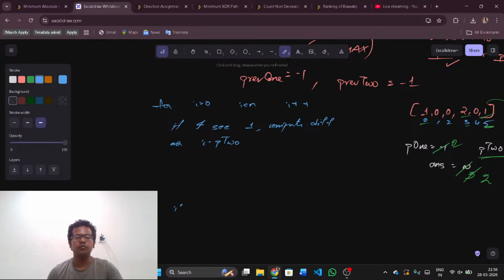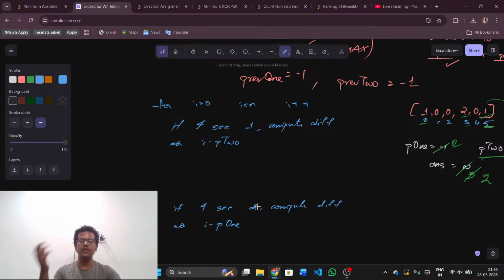If I see 2, compute the difference as i minus previous 1. If I see 2, I'll just check 1. If I see 1, I'll just check 2.